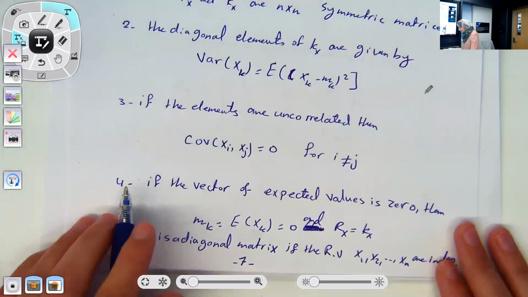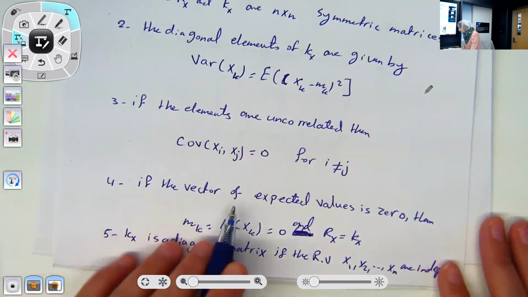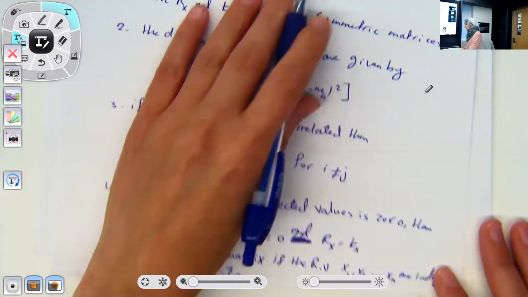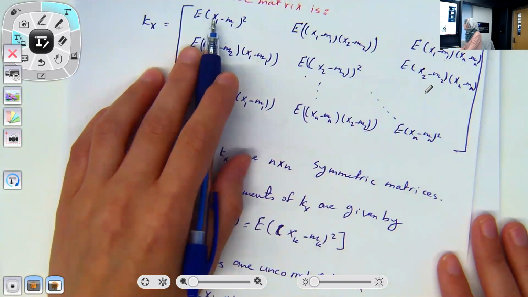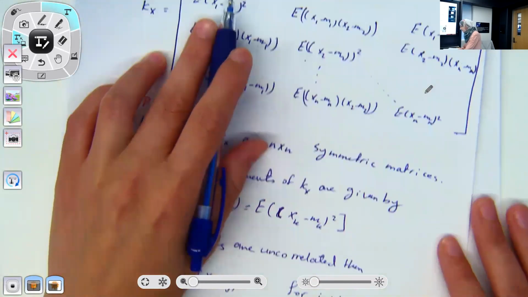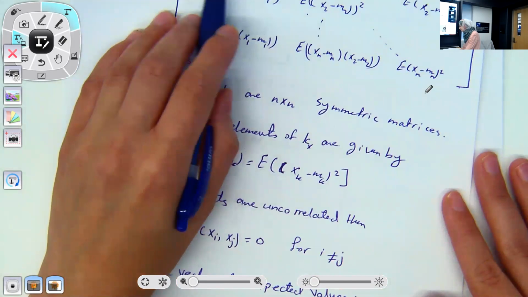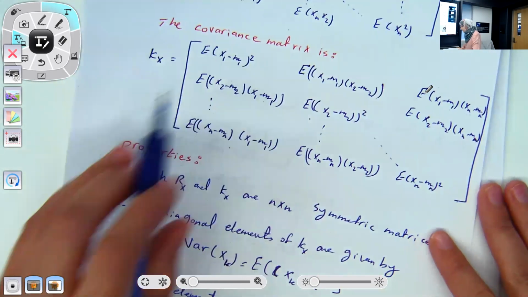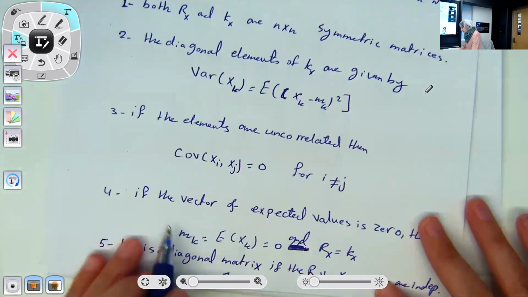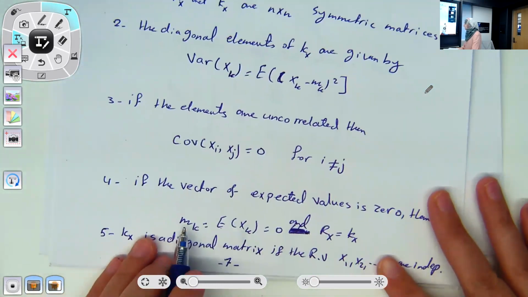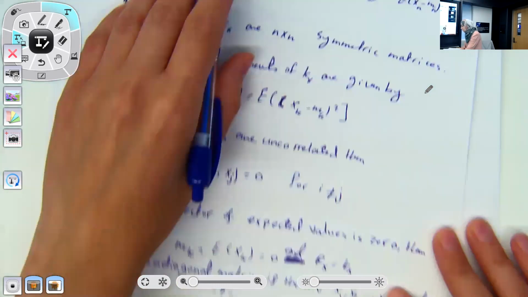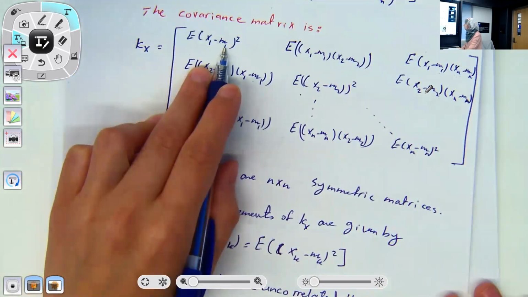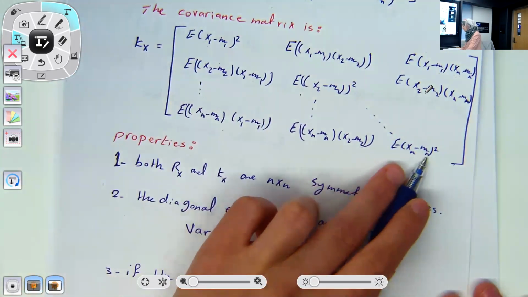The fourth thing is, if the vector of the expected values is 0, here we have the expected value of (x1 minus mu1) squared. If mu1, the expected value of x1, for example, is 0, that means here we can call it mu k. This is here mu1, mu2, up to mu n or mu k.